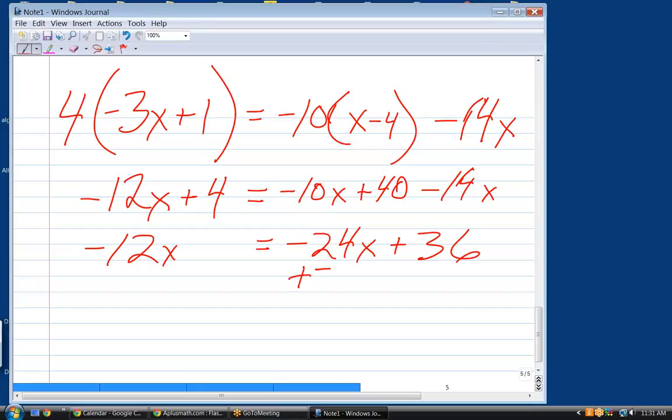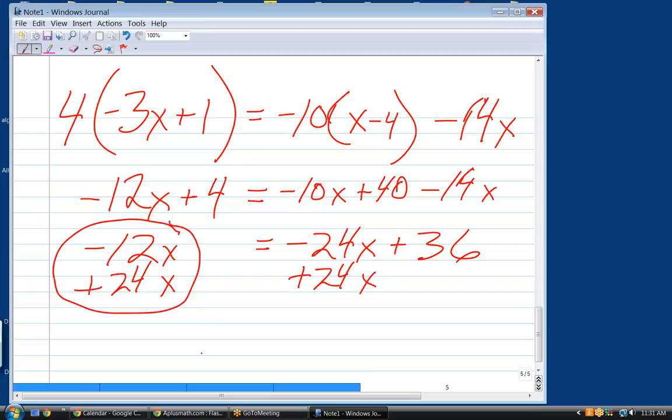Plus 24x. Okay, so I'm going to add 24x there, plus 24x over here. What's the next line? Then that would be plus 12x.